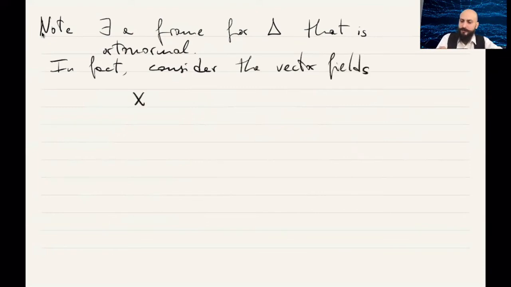So X, which I will still write using coordinates little x, little y, little z, is dx minus 1/2 y dz.